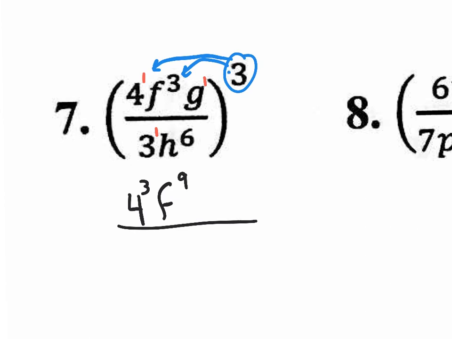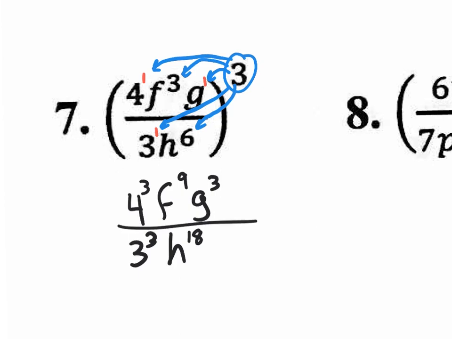And then when I distribute 3 times 1, that'll give me G to the 3rd power. And then when I distribute on the denominator 3 times 1 down here, that's going to be 3 to the 3rd. And then 3 times the 6, that's going to be H to the what? 18th. Great.